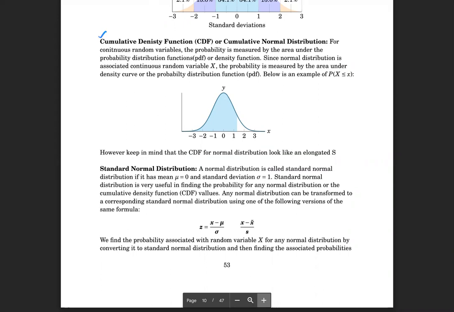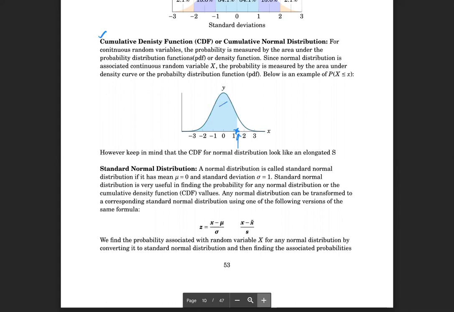See, let's say you are right here. So all the probabilities leading up to the point of consideration. So this is the point I am considering. Cumulative means you accumulate all the probabilities.